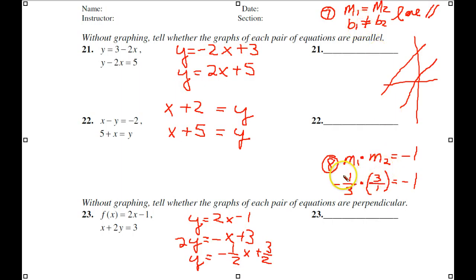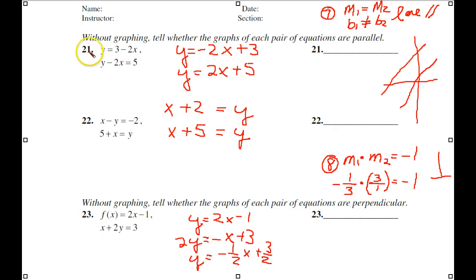And then for number 8, this formula is m sub 1, which is one slope. And if you multiply it by m sub 2, which is the other slope, and the product of that is a negative 1, then these lines are perpendicular. And this is the symbol upside down T for perpendicular.